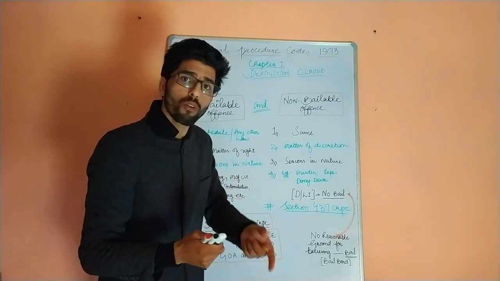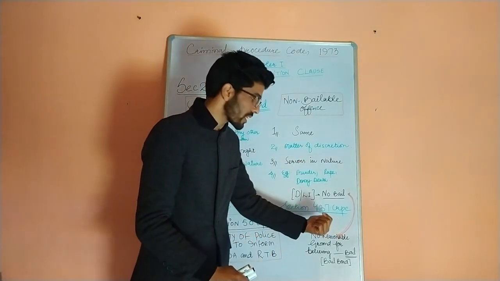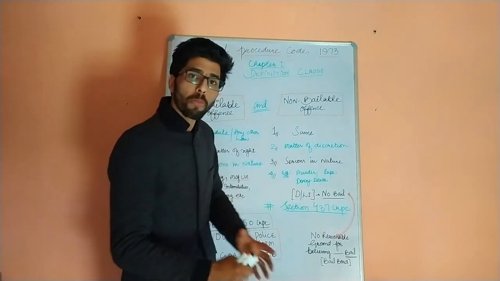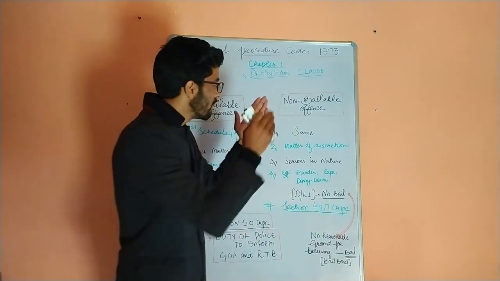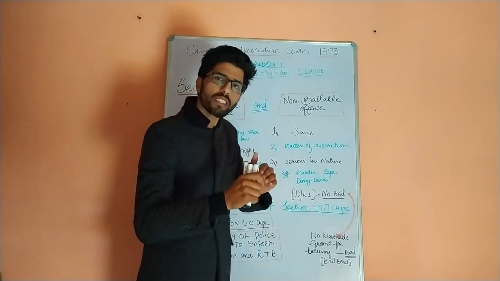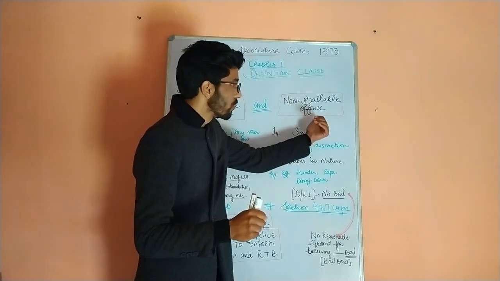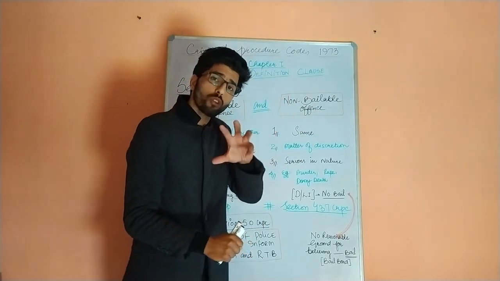Bail in non-bailable offenses is dealt with under Section 437 CrPC, which says how you will get bail in non-bailable offenses. The general rule is that a person can get bail at the discretion of the court, but there is a proviso clause.